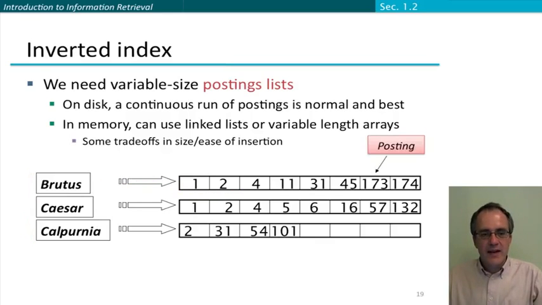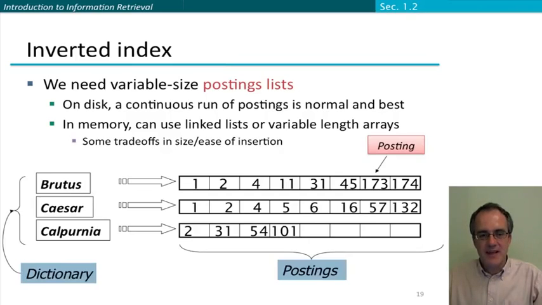One occurrence of a word document pair is referred to as a posting, and the sum of all of the postings lists are then referred to as the postings. So overall, on the left hand side we have the dictionary, and on the right hand side we have the postings.